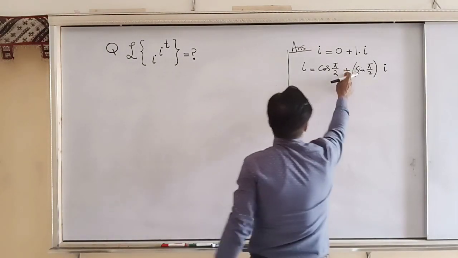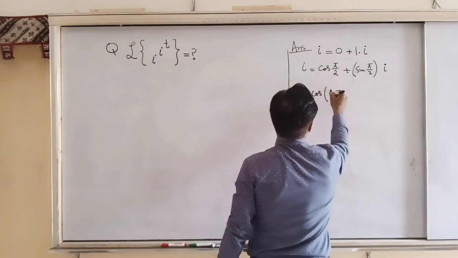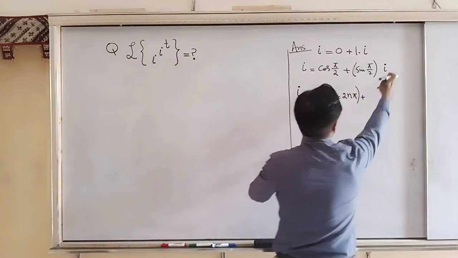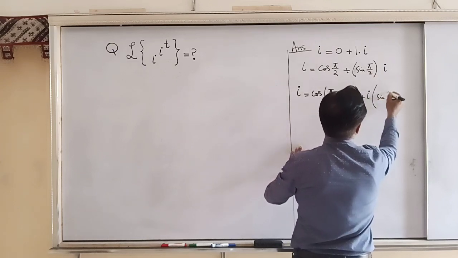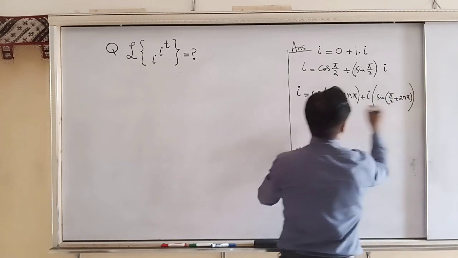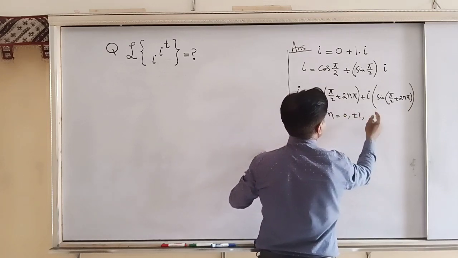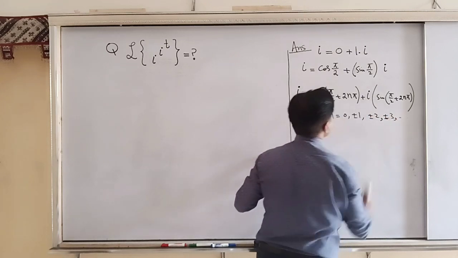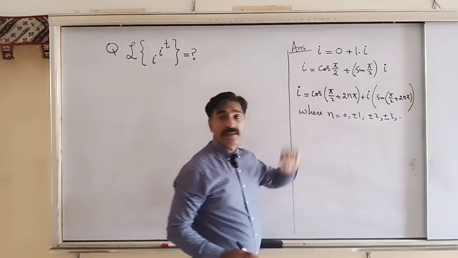So this formula can be written in more general form as cos of pi by 2 plus 2n pi, plus iota into sine of pi by 2 plus 2n pi, where n is an integer, 0, plus minus 1, plus minus 2, plus minus 3, and so on. So you can write iota in this typical form.